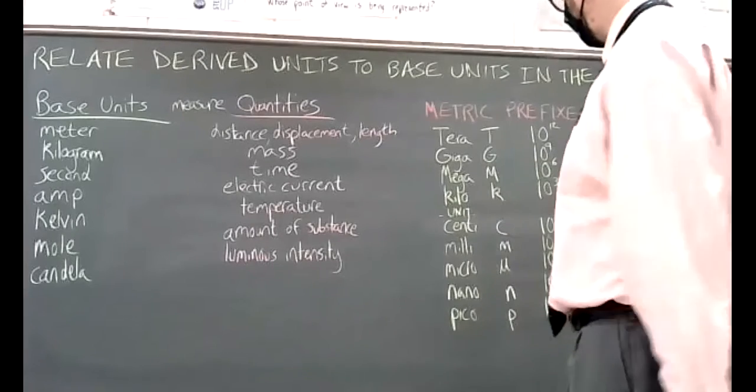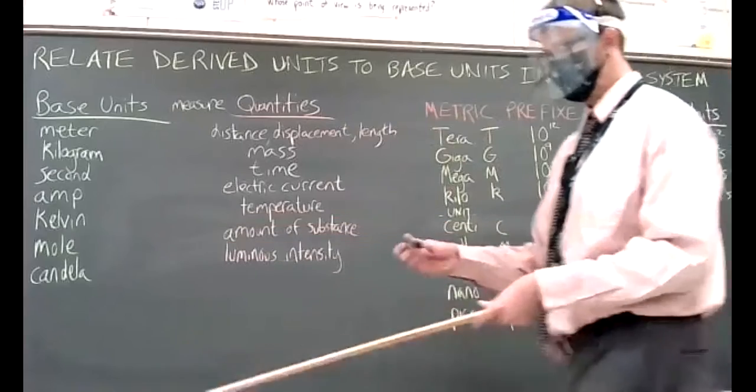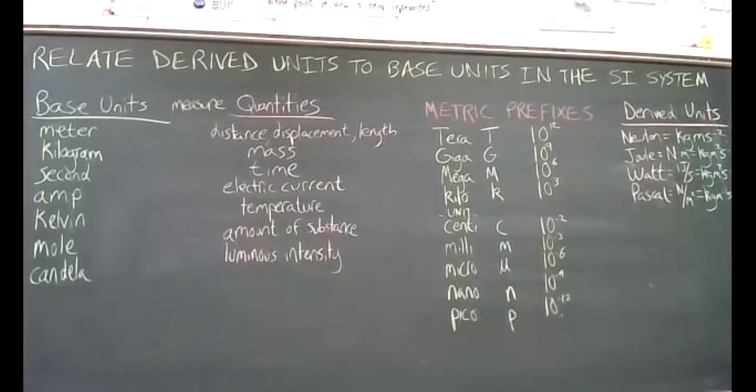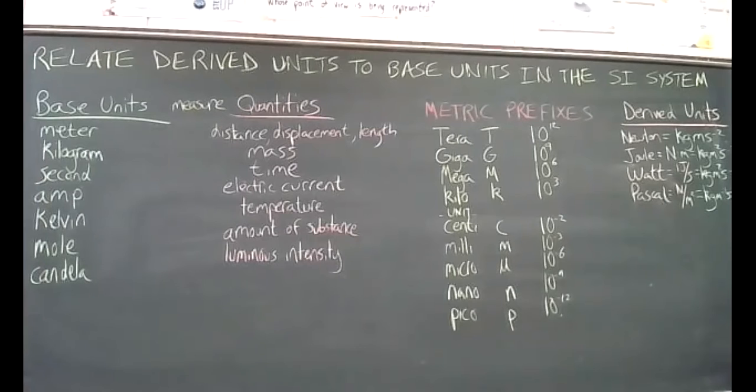So again, a yoctometer would be if I divided this meter into 10 to the negative 24 meters. That many meters is a yoctometer. You have to divide the ruler into what?